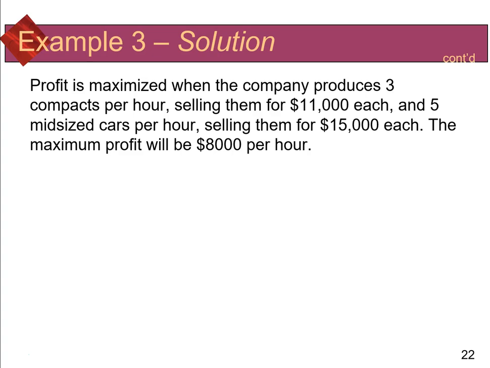So the profit is maximized when the company produces 3 compacts per hour, selling them for $11,000 each. Oh, that's why. They wanted to figure out what the prices were. And 5 mid-sized cars per hour, selling them at $15,000 each. The maximum profit would be $8,000 per hour.